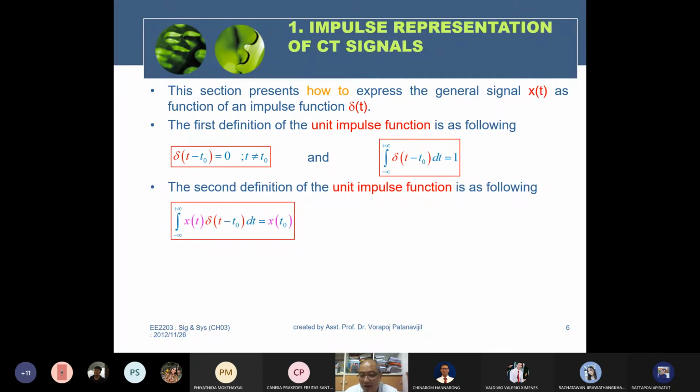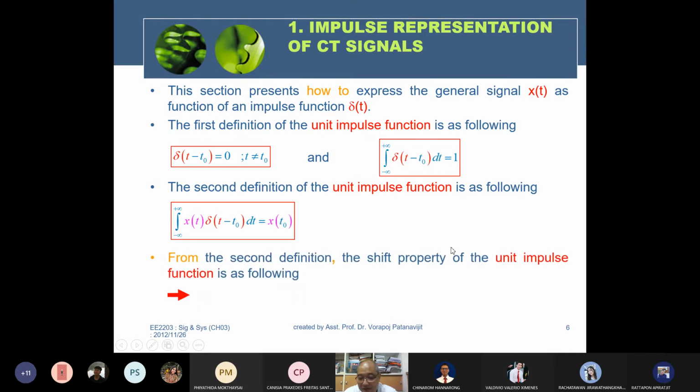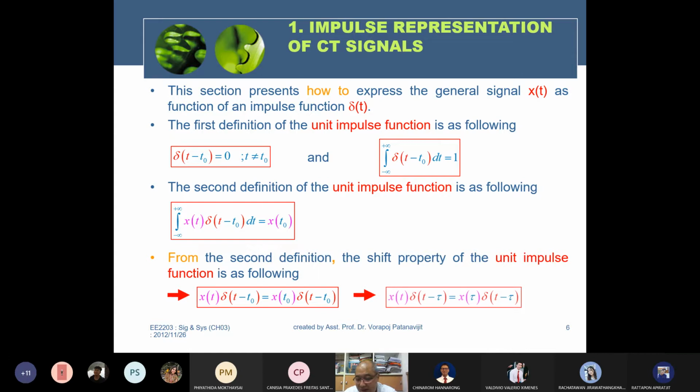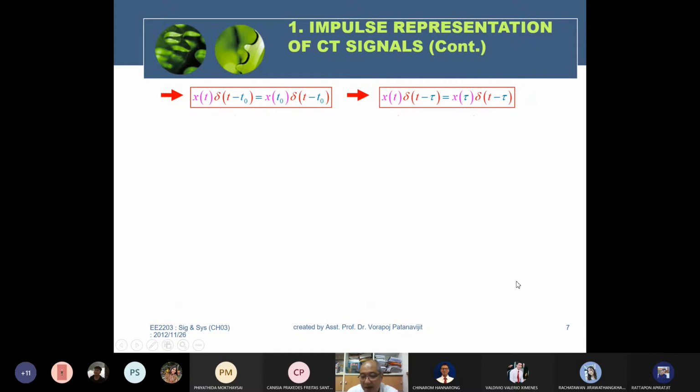The second definition of the impulse is here. If you shift by t naught and multiply by the signal, it equals that signal at time t naught. From the second definition, the shifting property of the unit impulse function can be expressed by the following equation. Shifting by t naught is here.